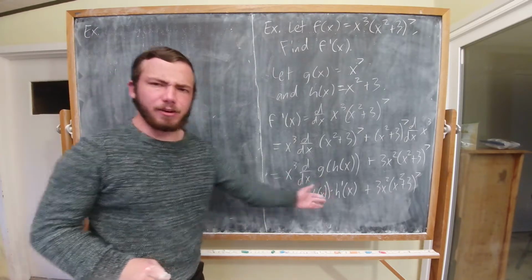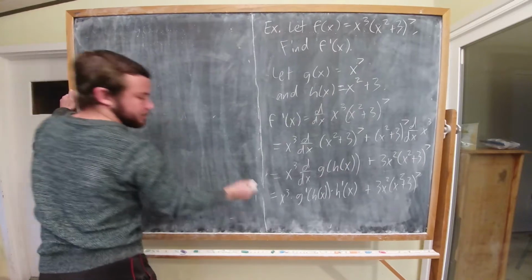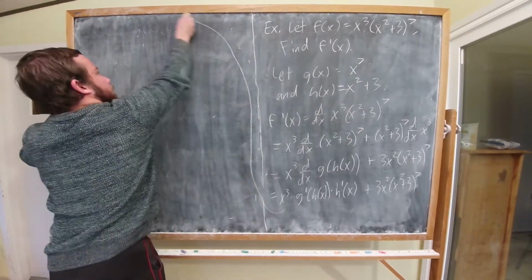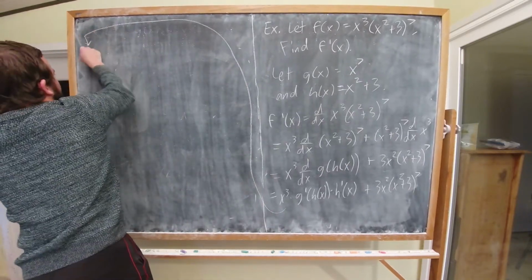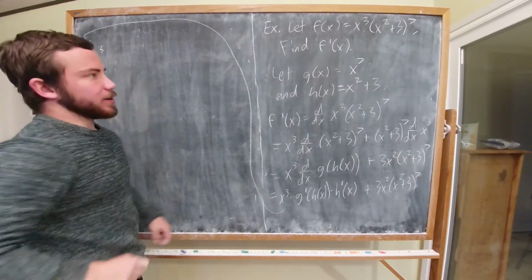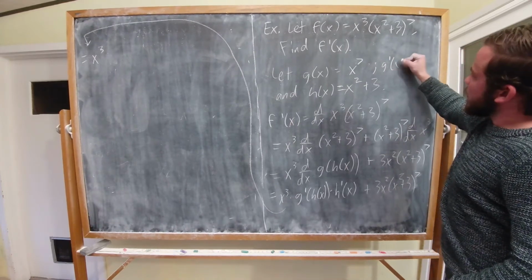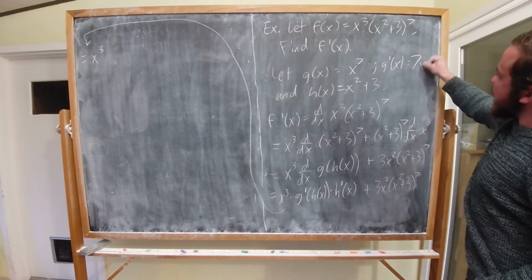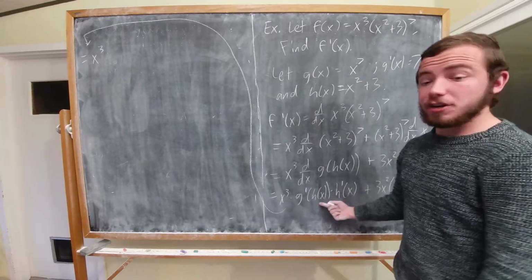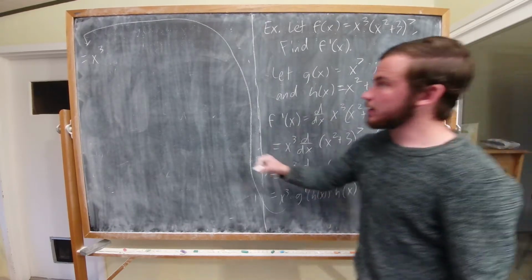Let's find those two things. That's equal to x cubed times, okay, g prime of x is 7x to the 6th power. So g prime of h of x is just plugging h of x into here.